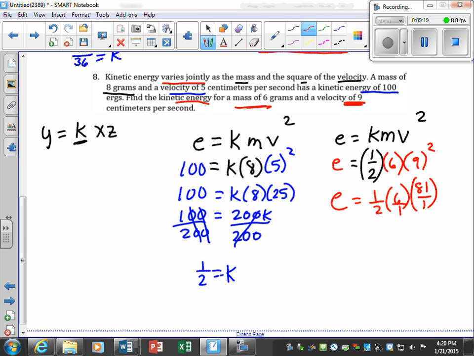So this is over 1, this is over 1. 1 times 6 times 81 is equal to 486, and then I have 2 times 1 on the bottom, which is 2. I divide that out, 486 divided by 2, and we should get E is equal to 243. And that's going to be our energy.